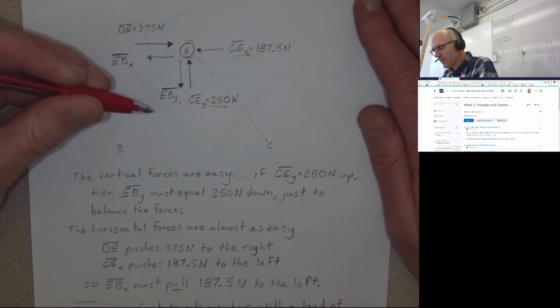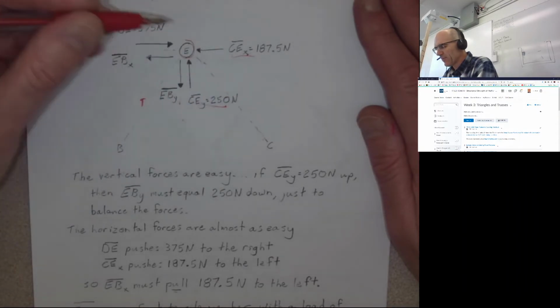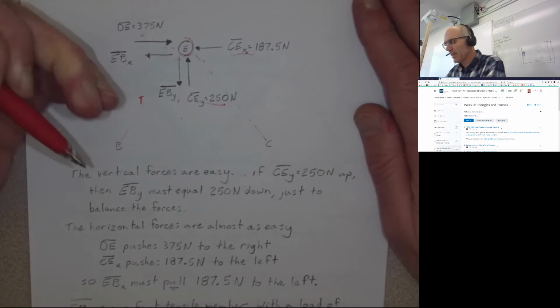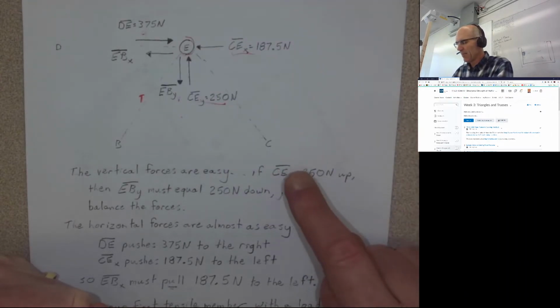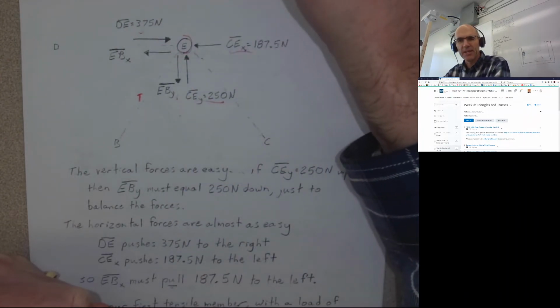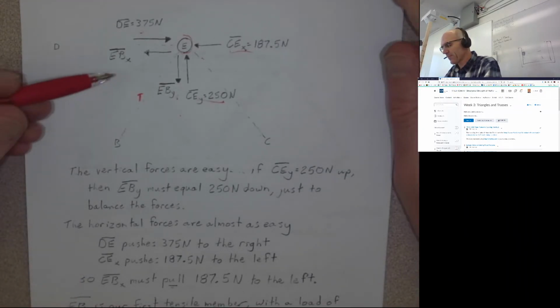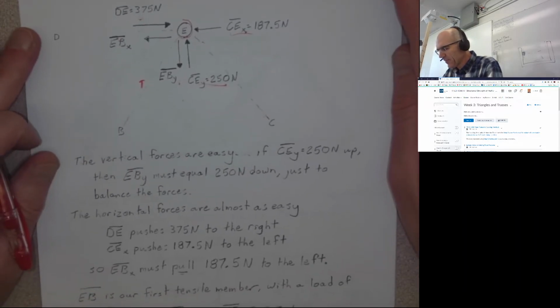So this is going to be the first member that we've calculated that has a tensile force in it. This member's been in compression, this one's been in compression, but this one is in tension because B is actually pulling down on E because C is pushing up on E and there's no vertical constraint to stop that from happening. Okay, so vertical forces are easy.